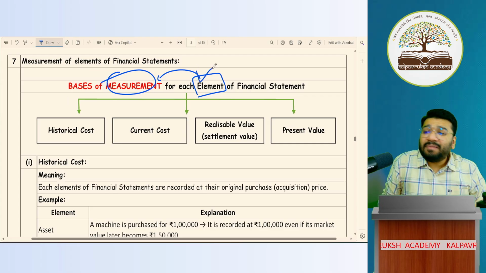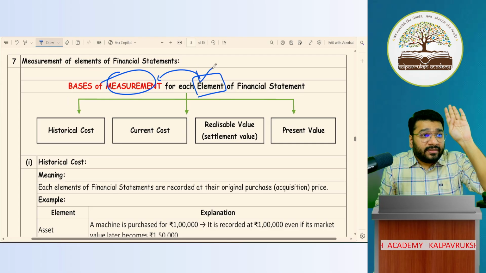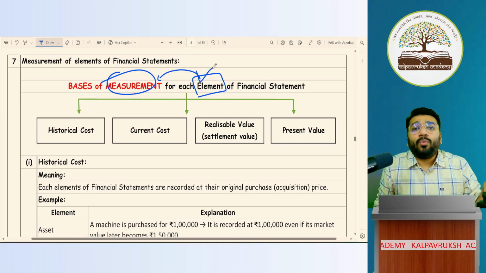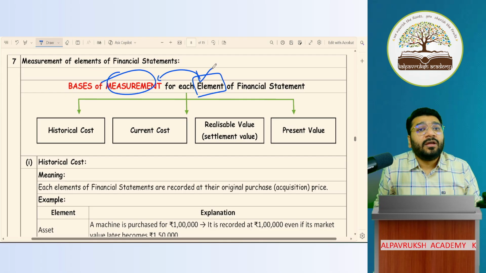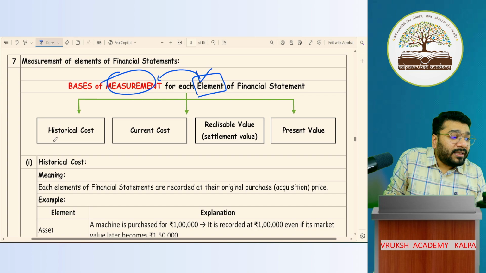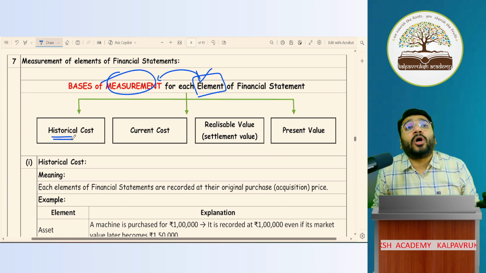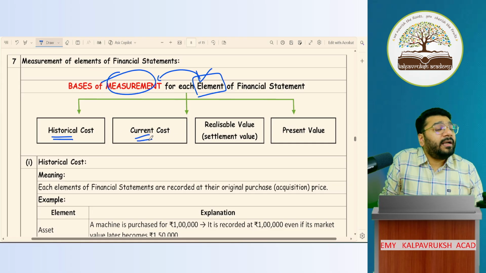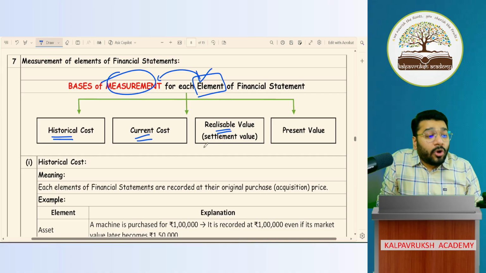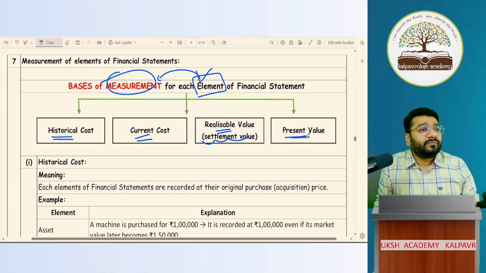You take any element of the financial statement. These can be measured in any one of these 4 ways. First measurement technique is recording the transactions at historical cost, or at current cost, or at realizable value, also called settlement value, and last, at present value.